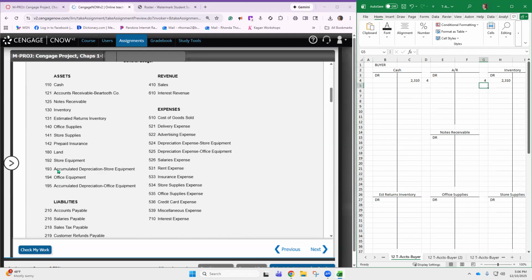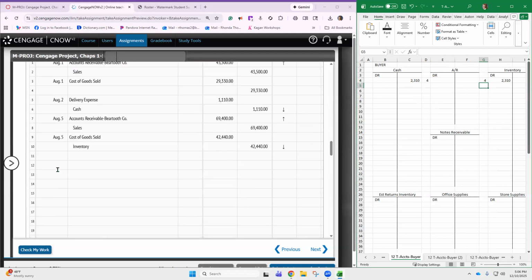Okay, so this is August 9th. And I think I haven't put that in yet. August 9th. So we're going to put inventory, and this is from the buyer's point of view, of 2,310. And then the credit is going to go in cash, because we're paying for it.